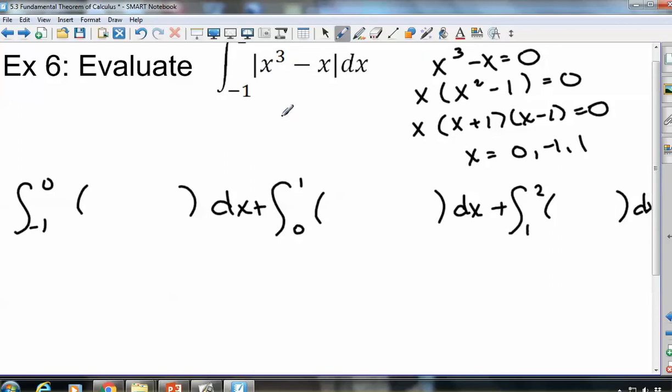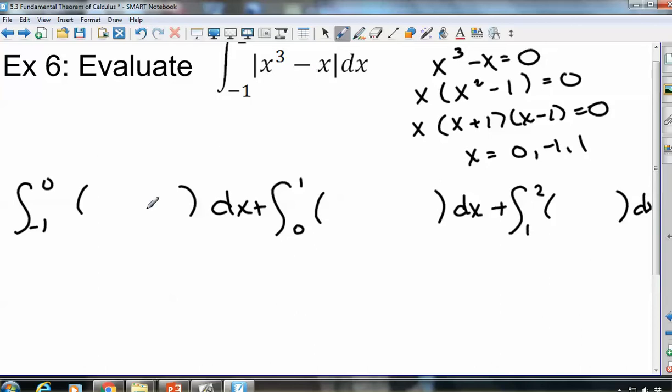If you put in a negative 1/2, if you're not sure, you can always do negative 0.5 to the third minus negative 0.5. Does that give you a positive or a negative answer? Positive. So, does the absolute value change it in that scenario?